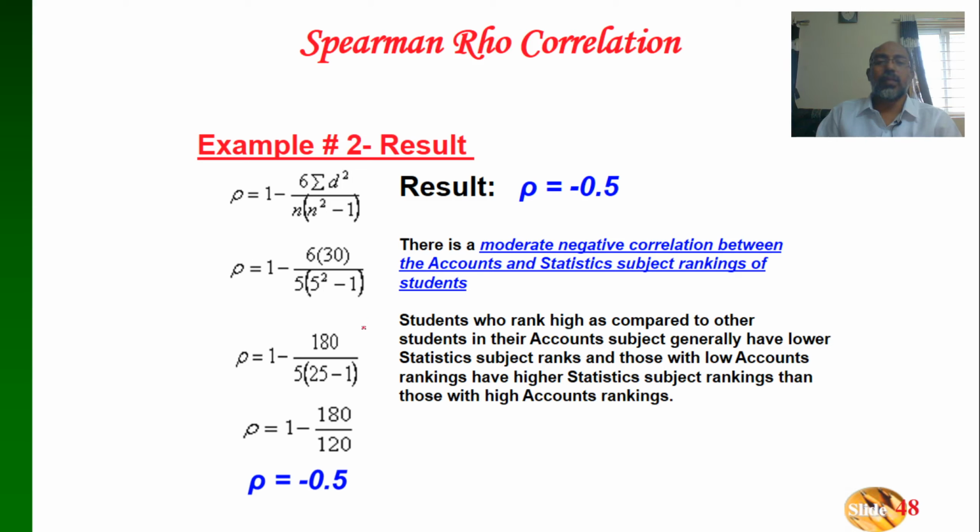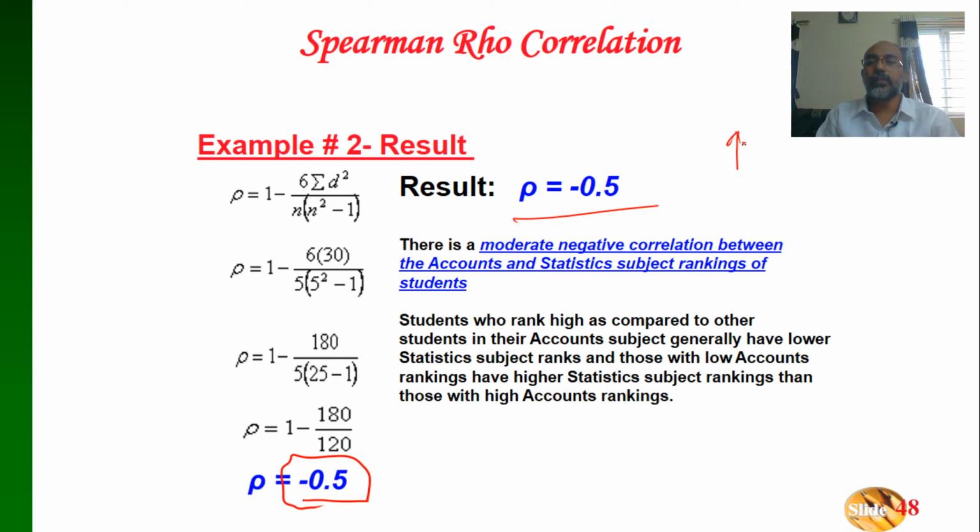So by these steps you get the value minus 0.5. How to interpret it: it is a moderately negative correlation between the accounts and stats subjects.